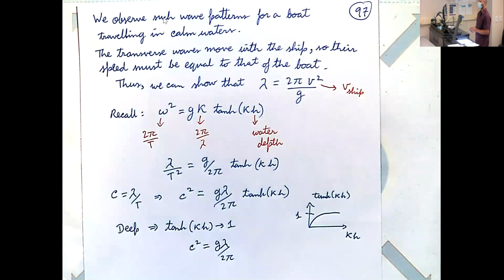Yeah, you'll get these nice wave systems when you're in deep water. Remember, shallow water is really a very restrictive criterion where lambda over h is less than 20. So you'll almost never operate at speed in shallow waters.